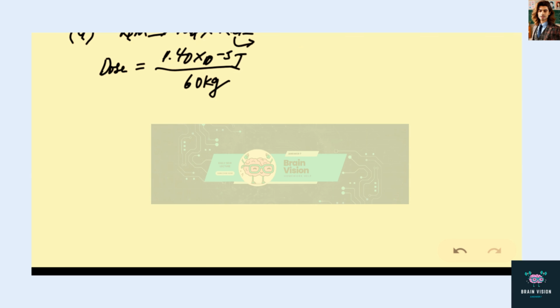This will be in terms of grays, but we have to convert from grays to millirads. So we multiply by 10 to the power of 5 millirads per gray, which is in terms of joules per kg.